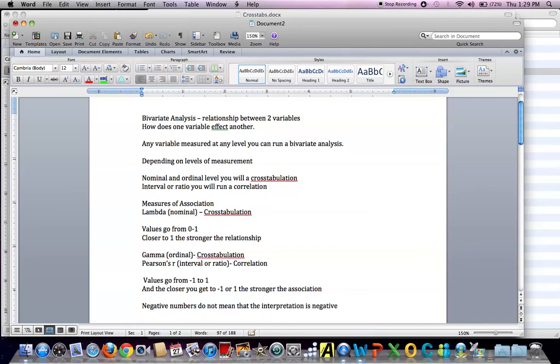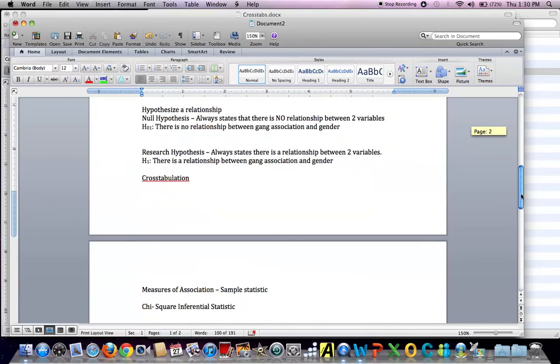A negative doesn't imply anything about the quality of the relationship, like they don't like you or they didn't find something. It simply shows direction in terms of how you interpret the contingency table that you have. I will explain that as we go along, and I will give you an example of that.